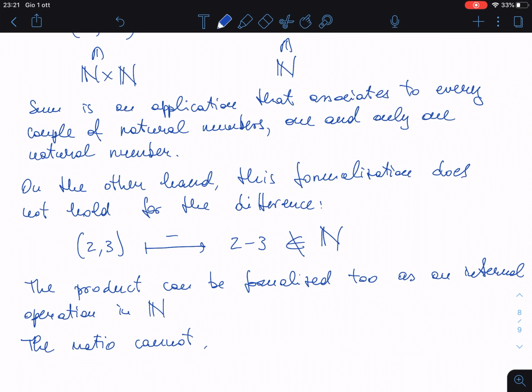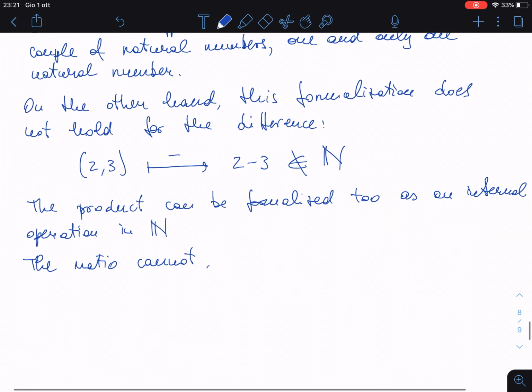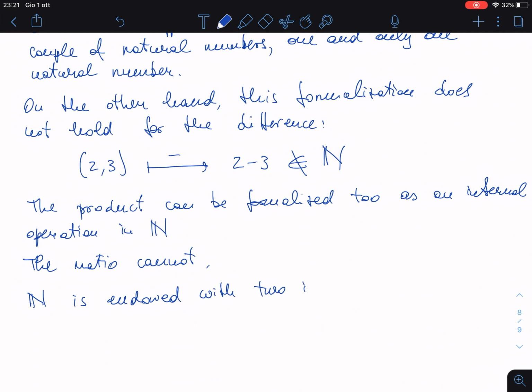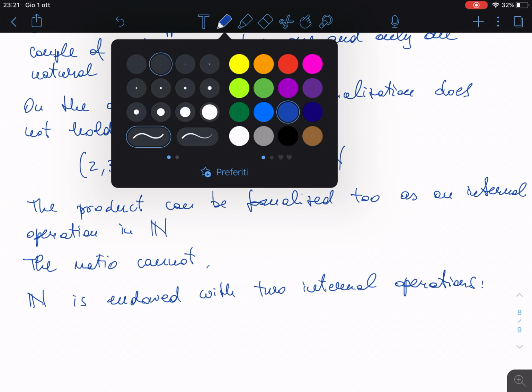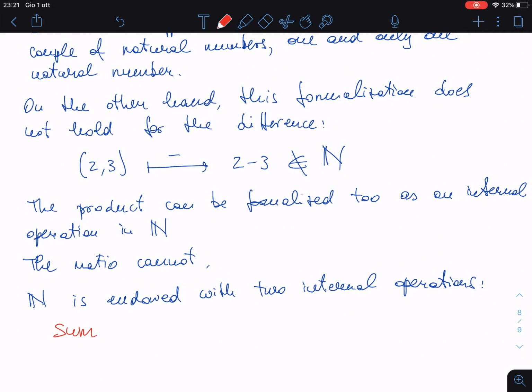Okay? So this is just a sort of fundamental introduction to try to convince you that the operations allowed in N, so we can say that N is endowed with two internal operations, sum and product. Okay?